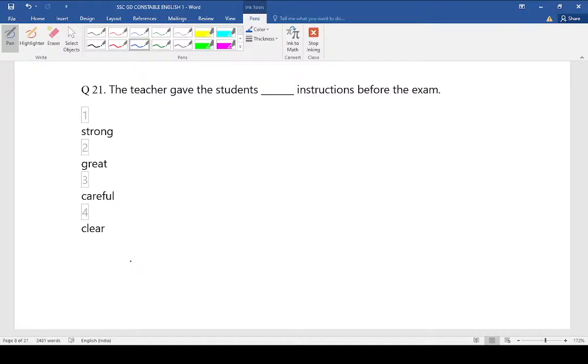What will be the answer? We used to hear that repeatedly in our childhood: clear instructions. Strong is like an order. Careful means cautiously. Great is in depth. Here, everything explained in detail means we have to pick clear instructions. So next we will go for the next question.